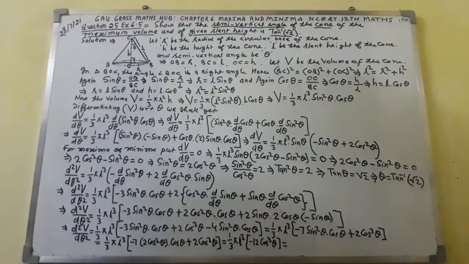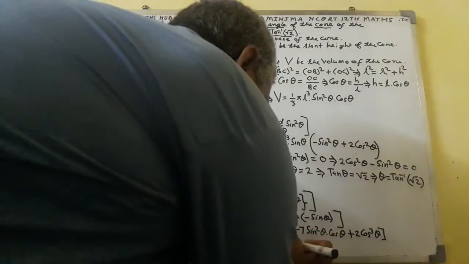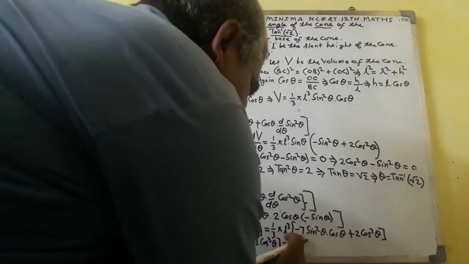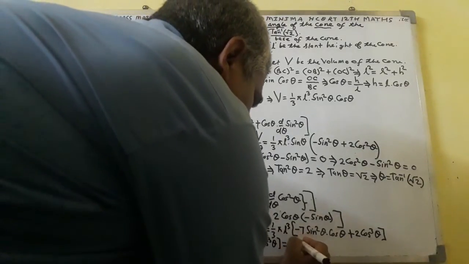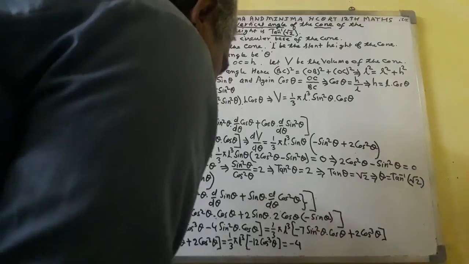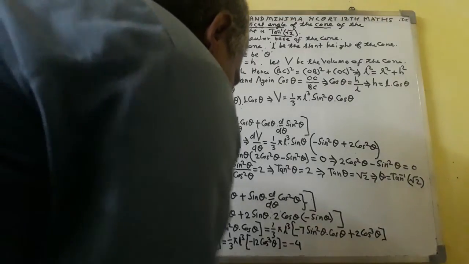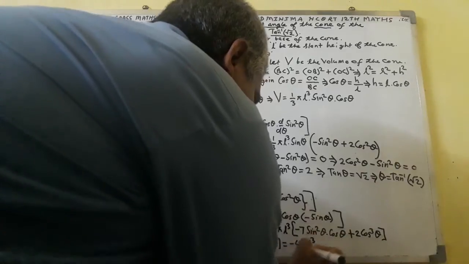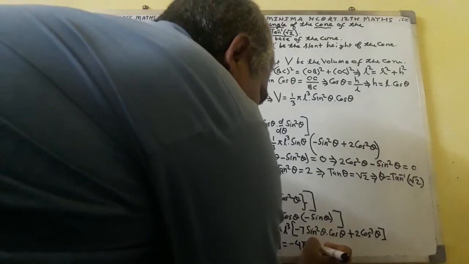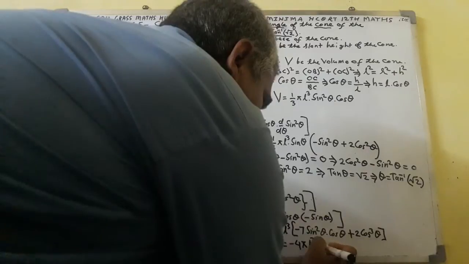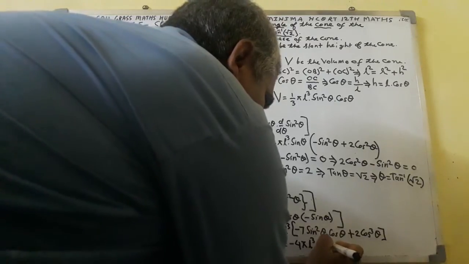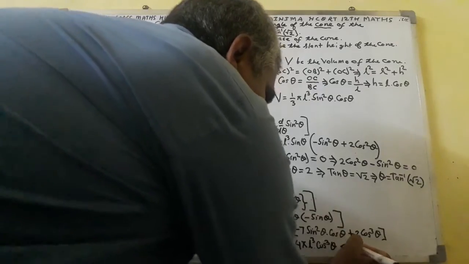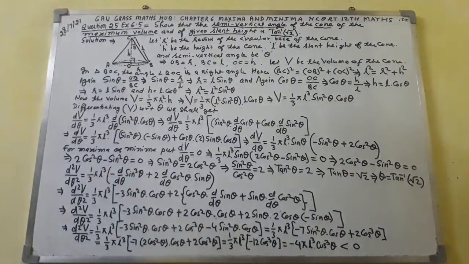So we will get here minus 4 pi L cube dot cos cube theta less than 0.